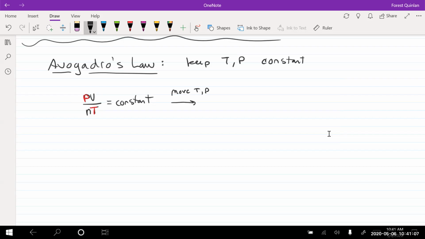Move temperature and pressure to the constant side. So that's just a new constant. It doesn't matter. It's just a bigger constant. Then we'd have volume over number of moles is equal to a constant.